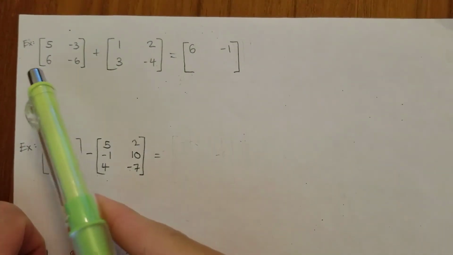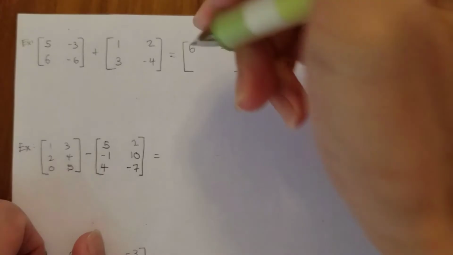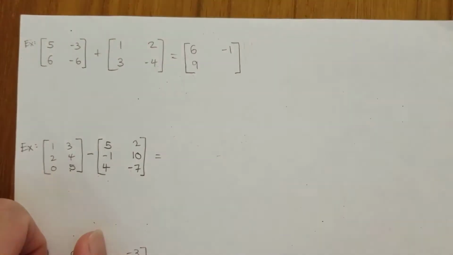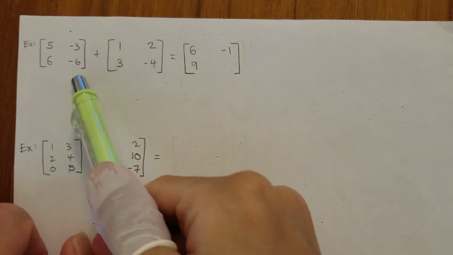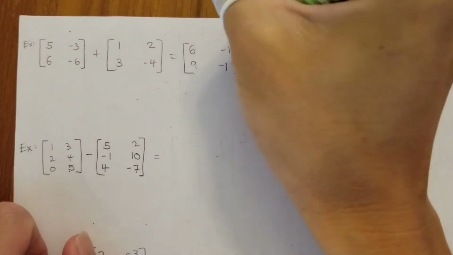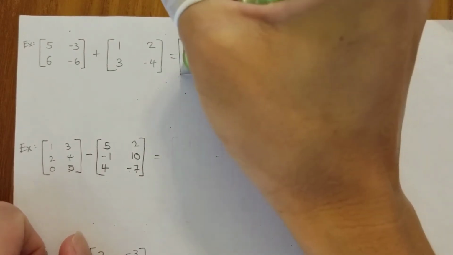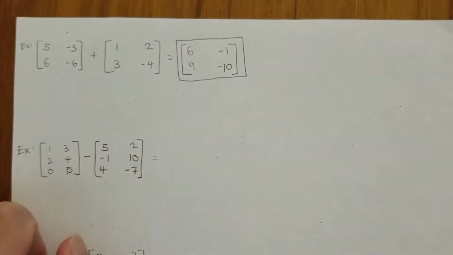So this is negative 1. 6 plus 3 is what goes in the bottom left hand corner here, and that's 9. Negative 6 plus negative 4 is going to be negative 10, and that's what goes in the bottom right hand corner. This is our final answer.